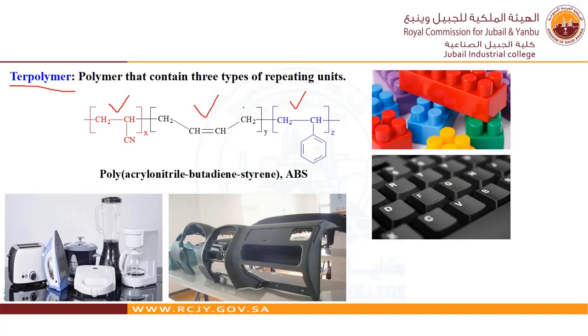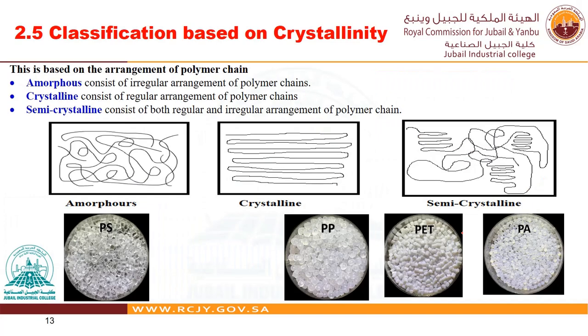So if you copolymerize all these monomers together, you end up with a polymer called ABS, acrylonitrile butadiene styrene, which has different applications in home appliances, automobiles, toys, and also some office appliances, materials like keyboards. These are made from this polymer.